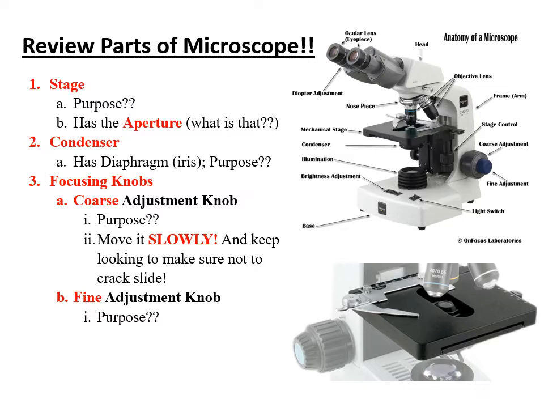The fine adjustment knob, on the other hand, which is that little knob within the coarse adjustment, will not move the stage noticeably. You won't get to see big movements. Instead, the fine adjustment knob just fine-tunes the image after you've already started to be able to see it through your lenses.